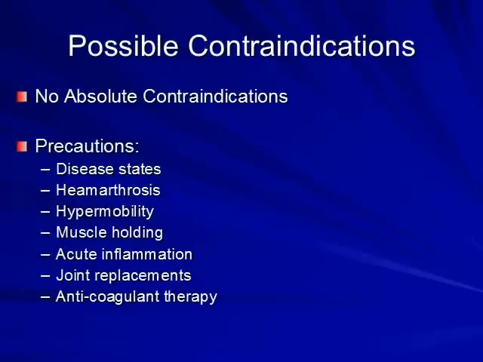So, possible contraindications. This is where we're going to pick up with these disease things. There are no absolutes. A contraindication means you don't do it. It's contraindicated. So nothing's absolute, but there are a lot of precautions, disease states. Here's a great example. What about somebody who has rheumatoid arthritis and their rheumatoid arthritis is currently flared up?